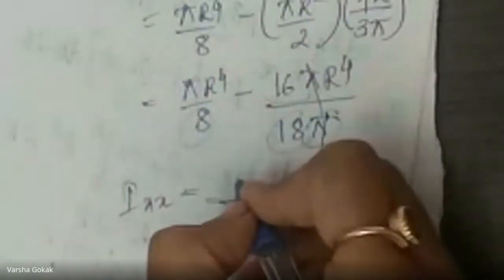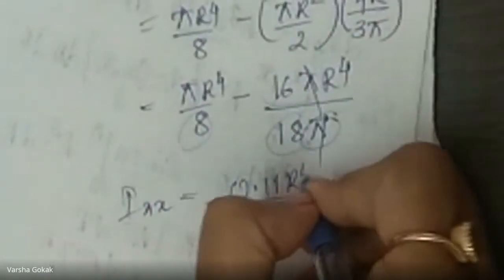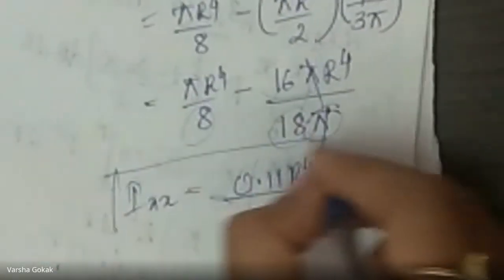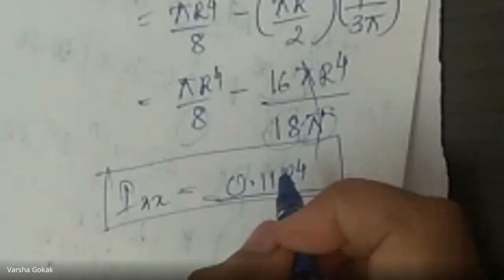Anybody else? 0.39. No. It is 0.11 r raised to 4. Is there anybody who got 10? Okay, fine. 109 is as good as 11. Correct. It is 0.11 r raised to 4. Kiran has got it.